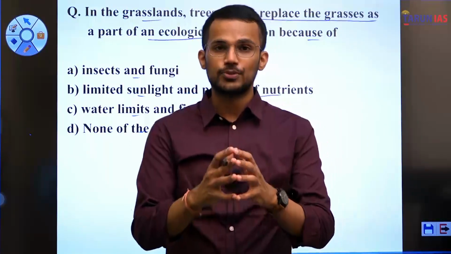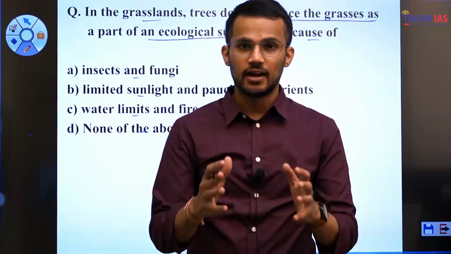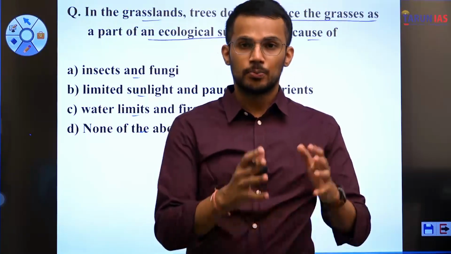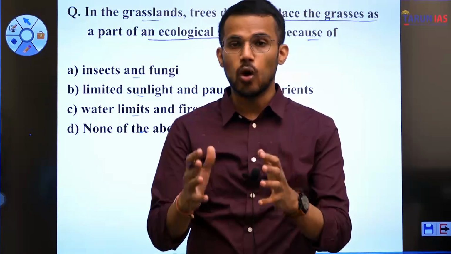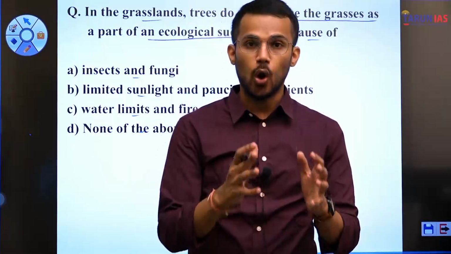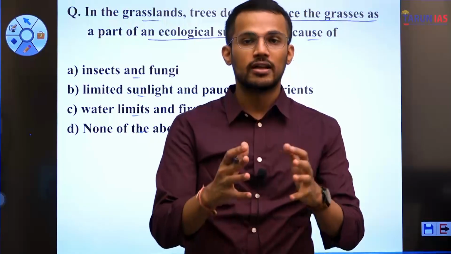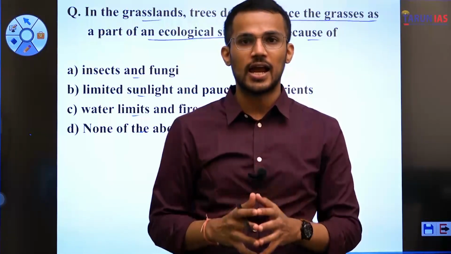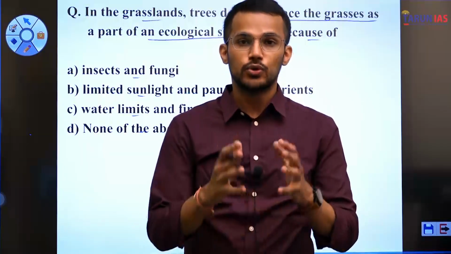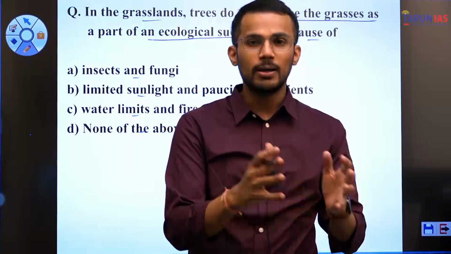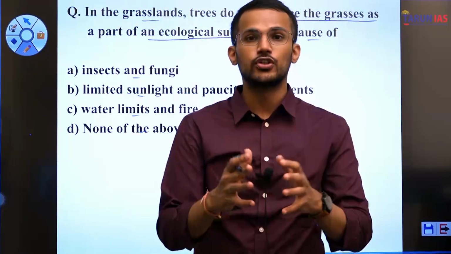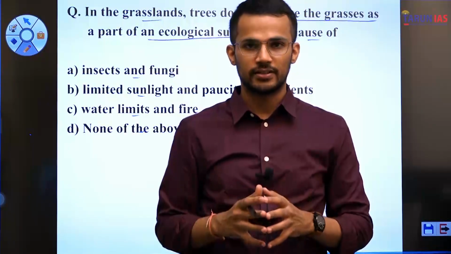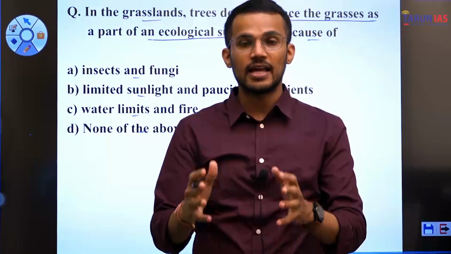Basically, there are two types of ecological succession. They are primary succession and secondary succession. Primary succession is that form of ecological succession which occurs on a barren or lifeless land. And secondary succession, on the other hand, occurs on such land which already had life, but because of certain natural or human induced reasons, that life was degraded or devastated, and hence that land has become barren.